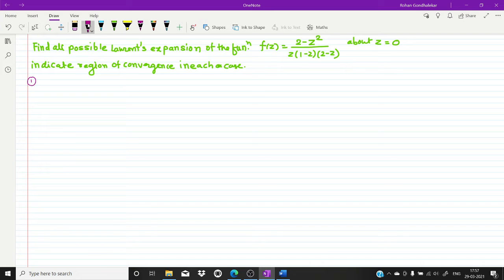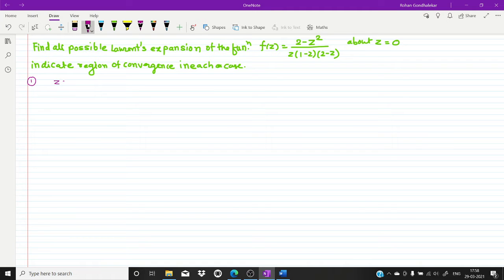Identification of the region we do afterward. In Taylor's, I first identified the region of convergence, then went for the partial fraction and further processes. To avoid your confusion, we go for identifying the region of convergence.